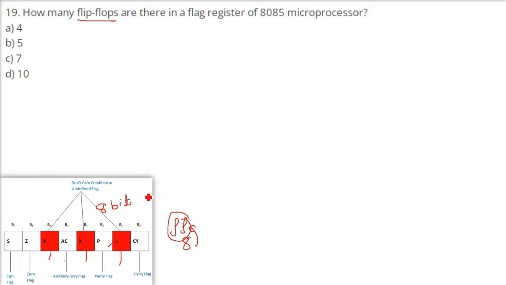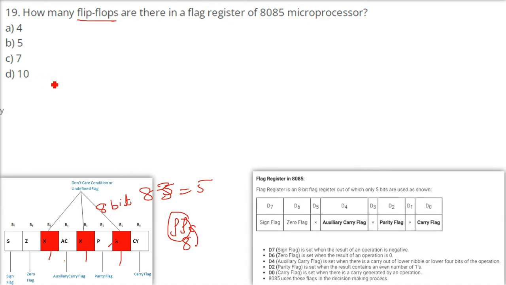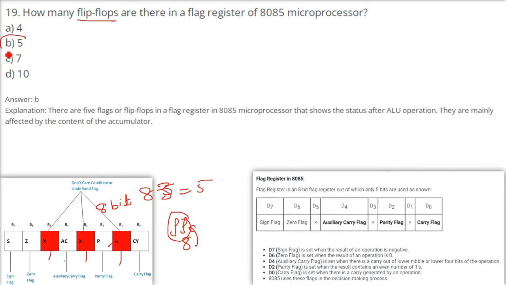D1, D3 and D5 are not used. So if 3 are not used from 8 bits, 5 are there. So there are 5 flip-flops in the flag register of the 8085 microprocessor that show the status of the arithmetic logical operation. They are mainly, not always, affected by the content of the accumulator.